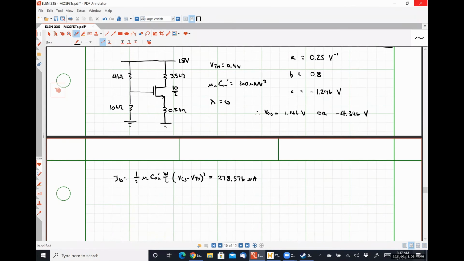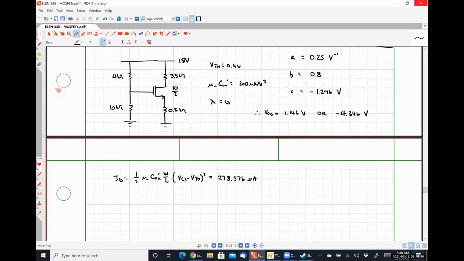But to determine whether or not the device is in saturation, we need to compare the quantity VGS minus VTH to the quantity VDS, right? Because if VDS is larger than our overdrive voltage, it's in saturation. And when VDS is smaller than our overdrive voltage, we know that it's in triode, and so we have to effectively start from scratch and do something else.